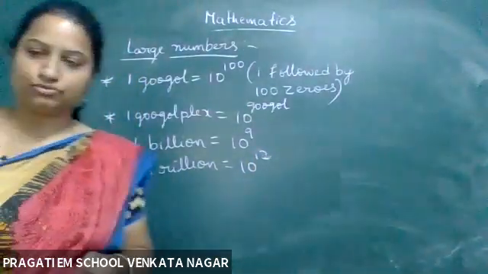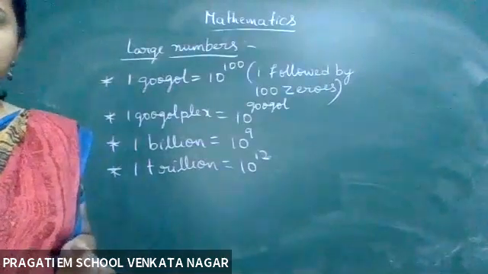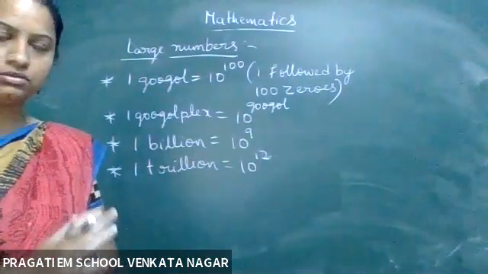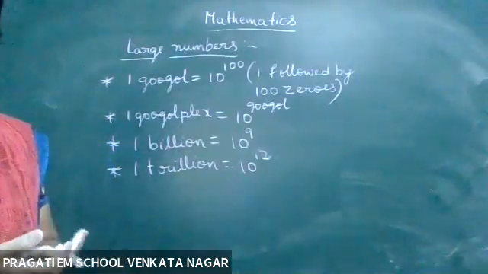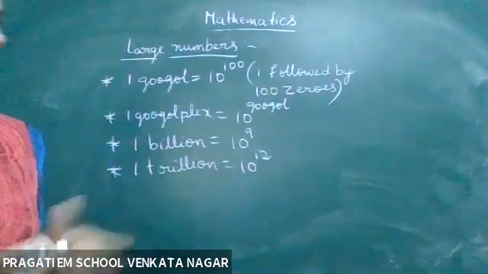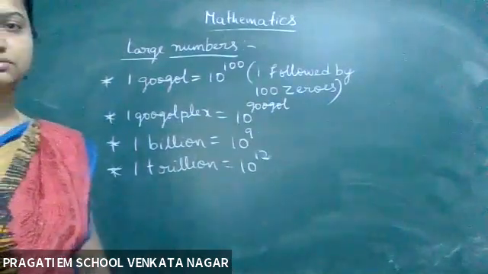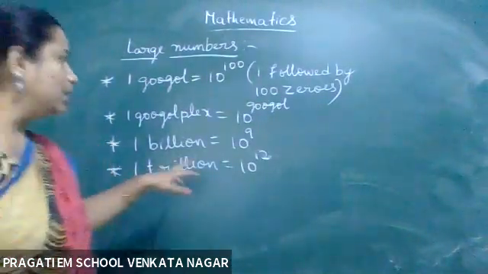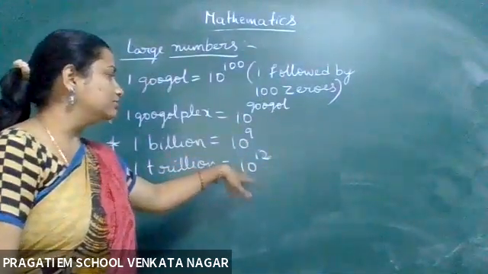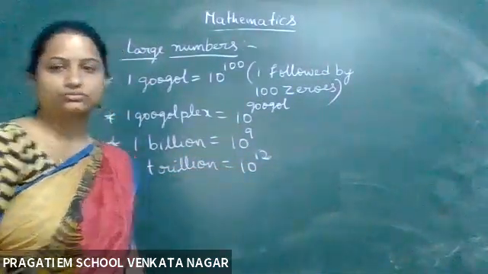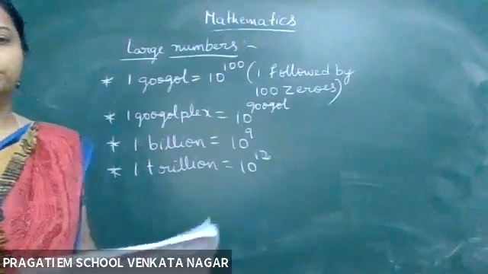I am simply giving them to you. Please complete your homework. Don't escape from your homework, children. Note down these points: 10 power 9 means 1 followed by 9 zeros. 10 power 12 means 1 followed by 12 zeros. Fine, children?